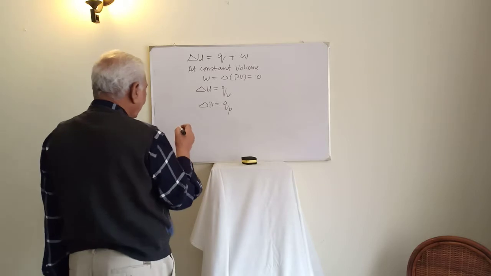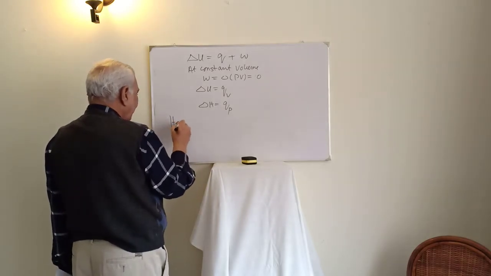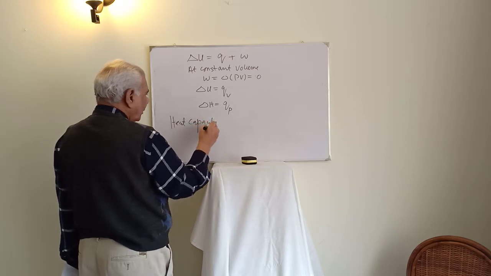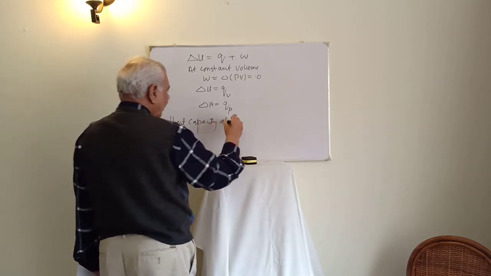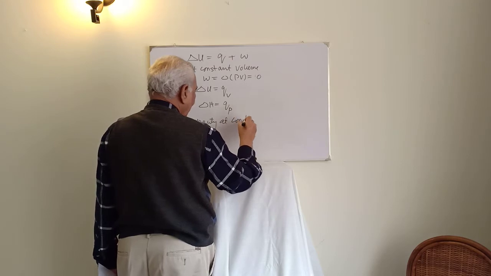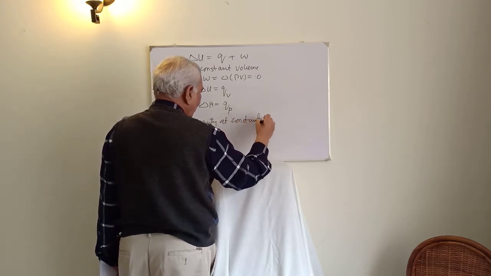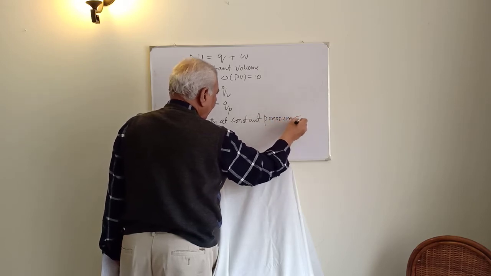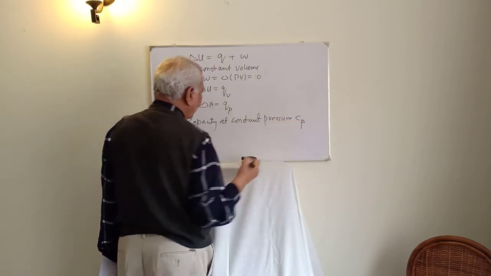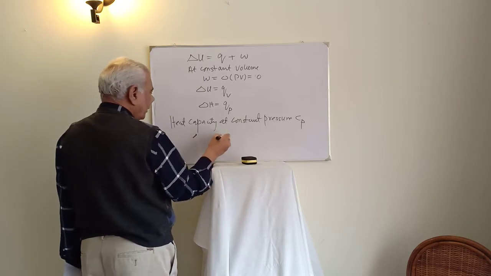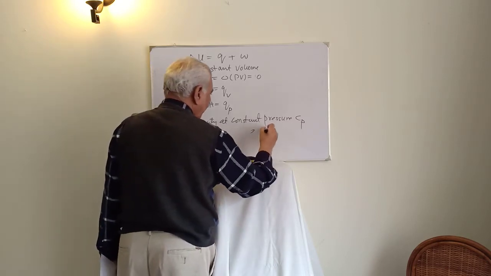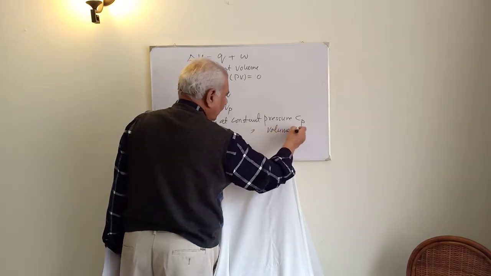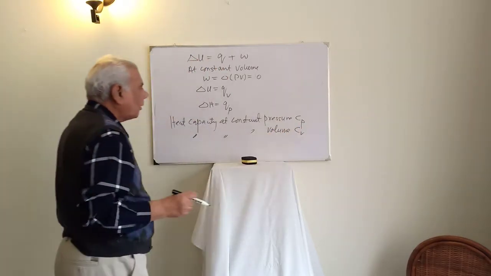Now we define heat capacity at constant pressure. And this is given the symbol Cp, right? Similarly, heat capacity at constant volume is given the symbol Cv.